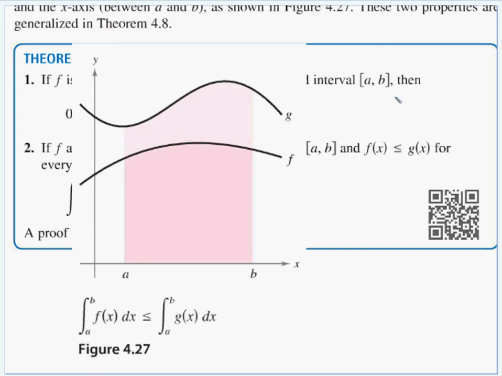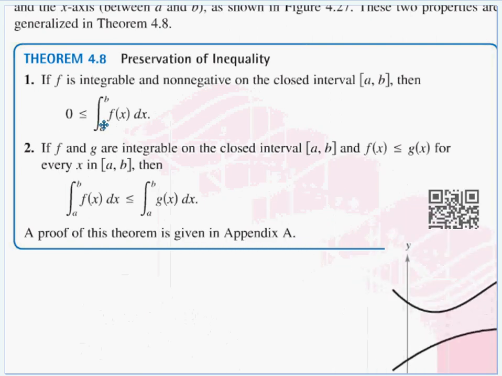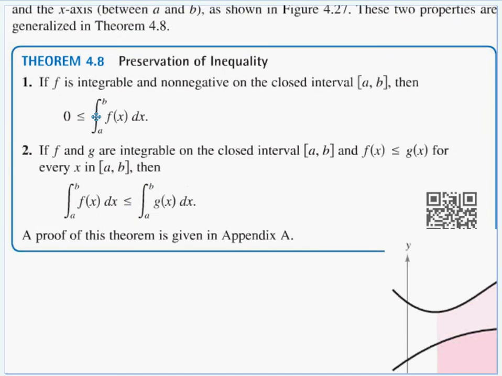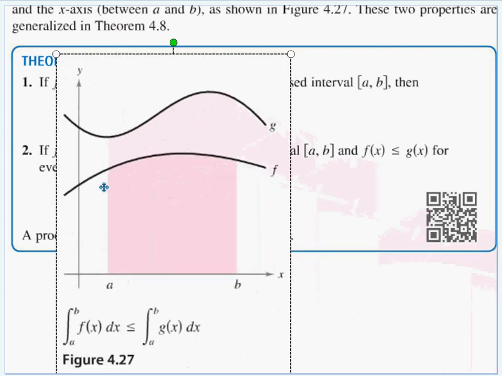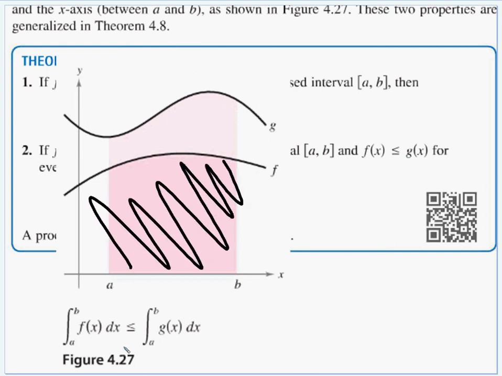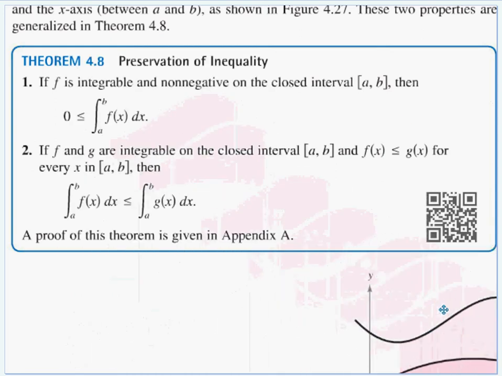It just makes sense that the area under g will always be more than the area under f. So here, the area under f is always less than or equal to the area under g. And then the area under f is always non-negative, because we are above the x-axis, so the area under here is always going to be positive area. Again, because we are above the x-axis.